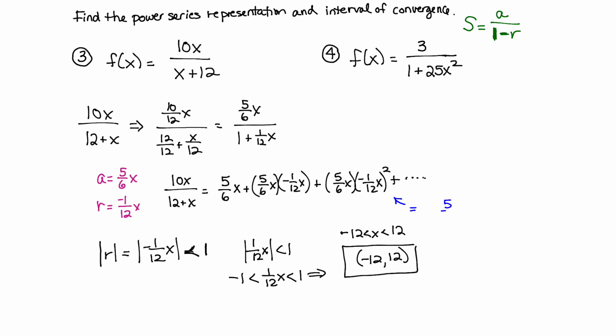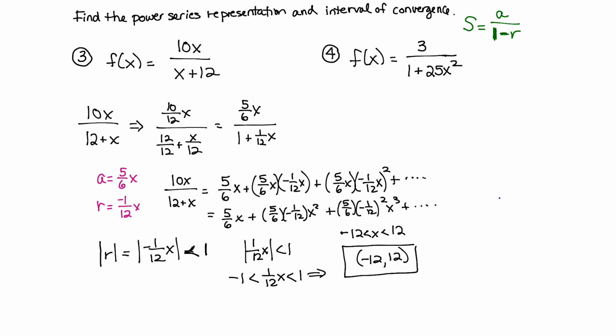It's 5/6 x, plus 5/6 times negative 1/12 x squared, and then 5/6 times negative 1/12 squared x cubed.